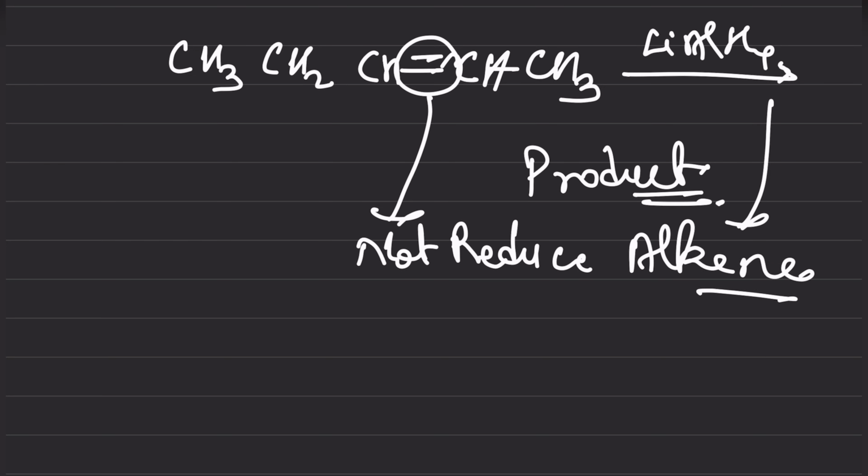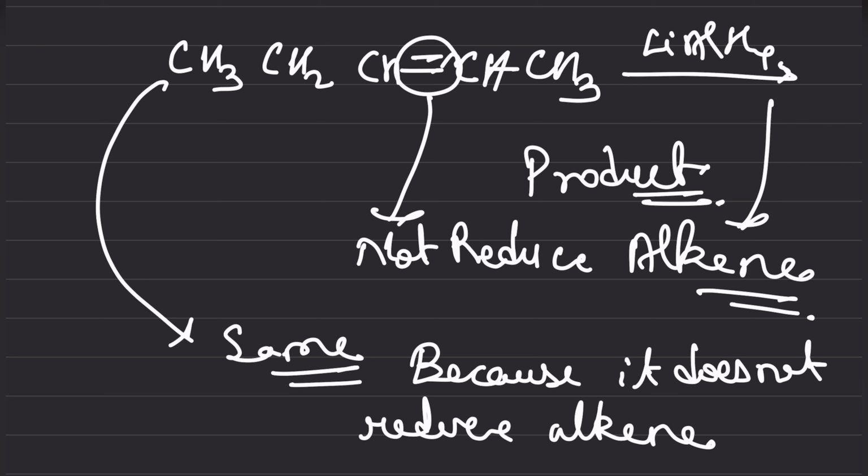LiAlH4 does not reduce alkene, so the product will be the same, because it does not reduce alkene. It is a property of lithium aluminium hydride that it does not reduce the alkene.